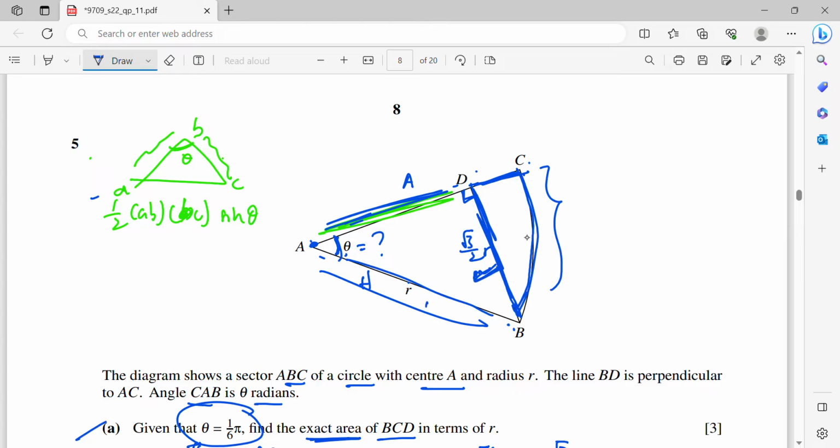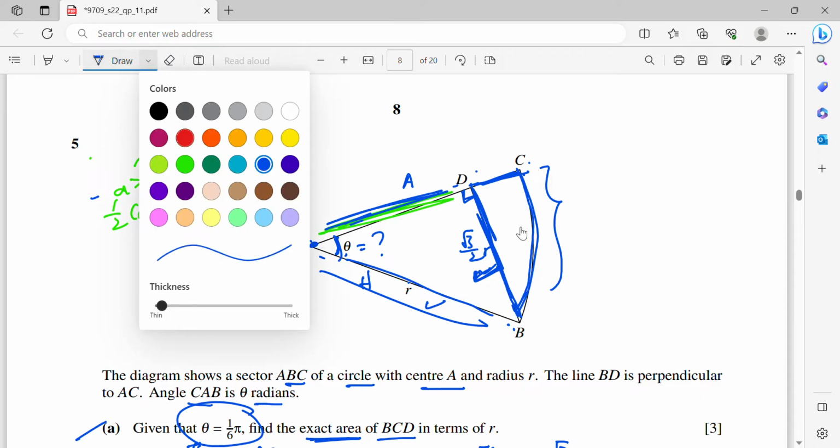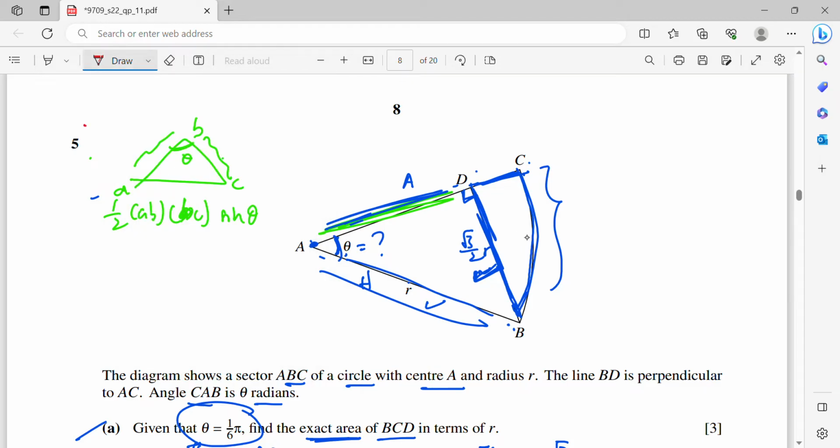And also the AB is R. So when you look at this triangle, the BD, which is root 3 over 2R, is the opposite side of the theta, and the AB is still the hypotenuse, because here is 90 degrees.